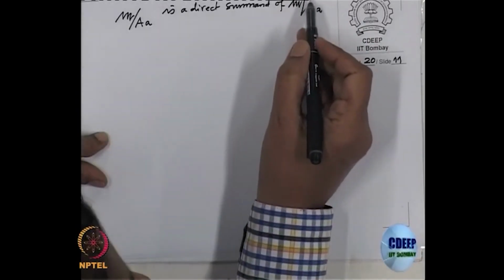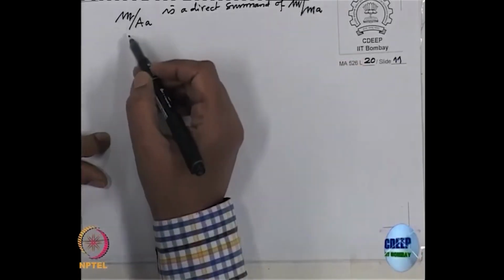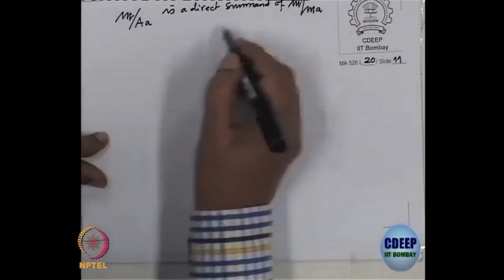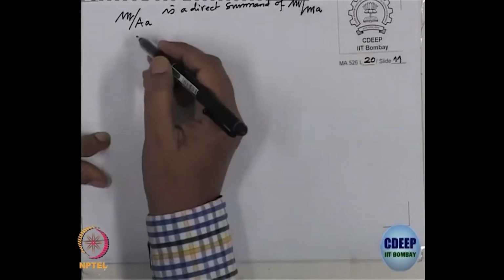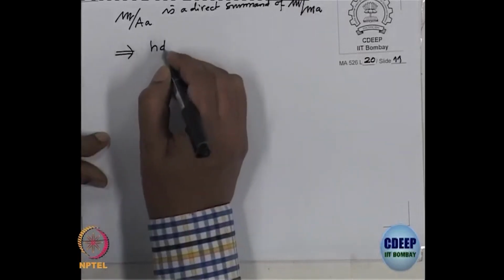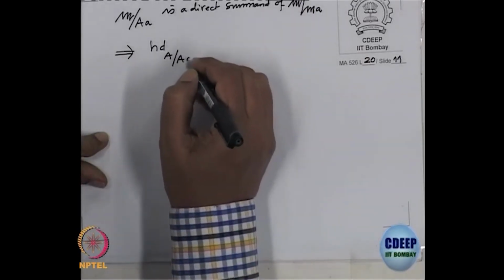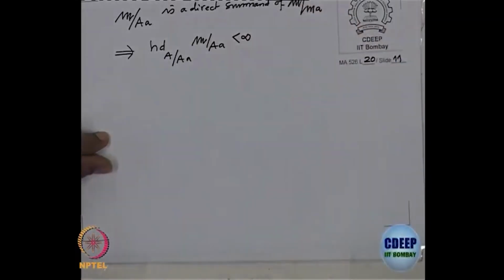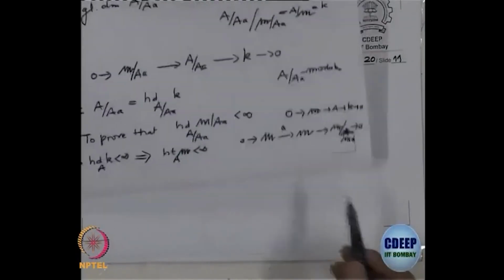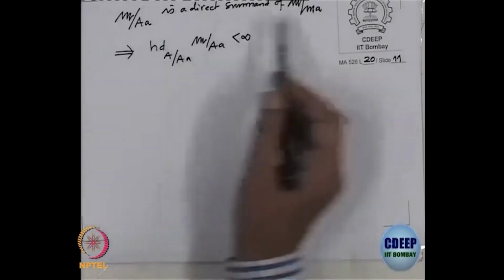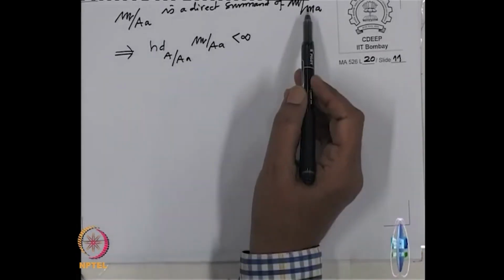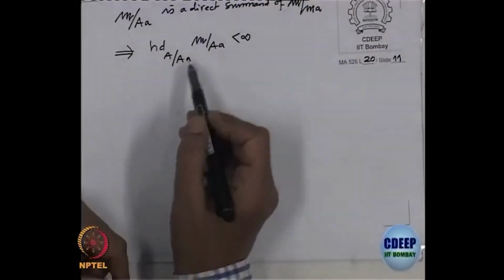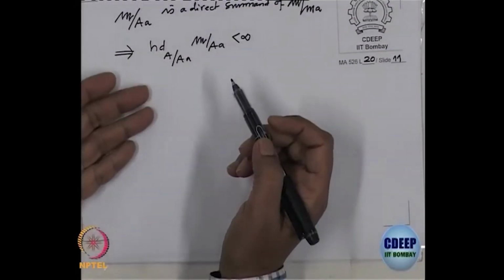And this one has finite homological dimension, because it is finite by this exact sequence, therefore, this one will have finite homological dimension. A direct summand of something with finite homological dimension will also have finite homological dimension. So, M by aA, being a direct summand of this one by the earlier lemma, will also have finite homological dimension, and that finishes the proof.